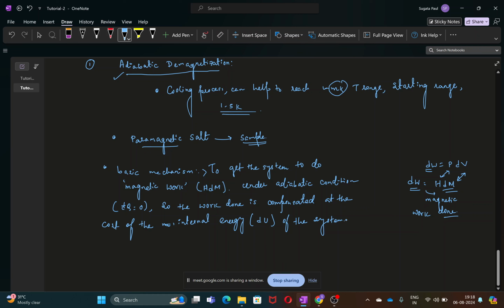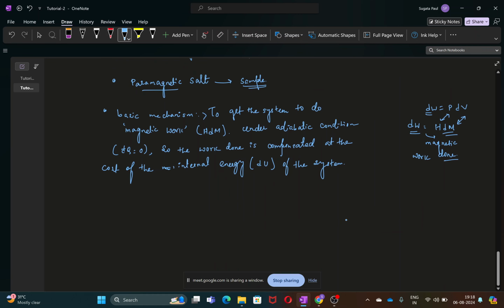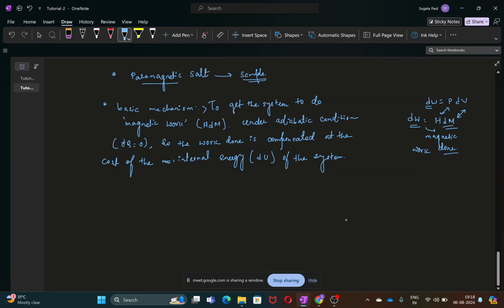And if the system's internal energy is getting affected, the system temperature will also be getting changed. That is why the temperature of the system reduces and you get the cooling. So this is the basic mechanism as I am explaining to you.